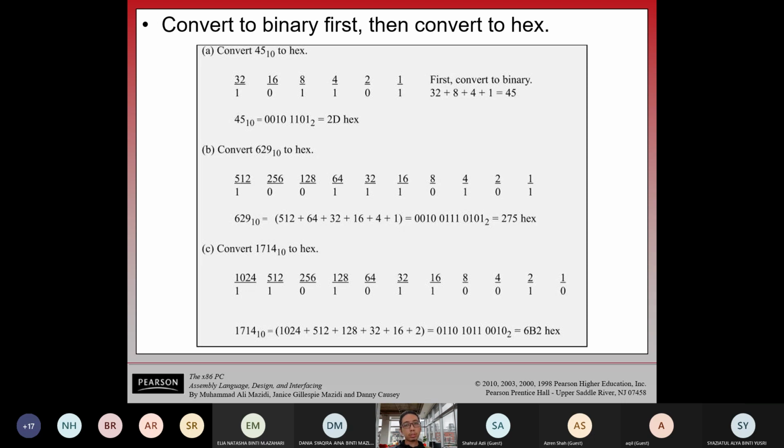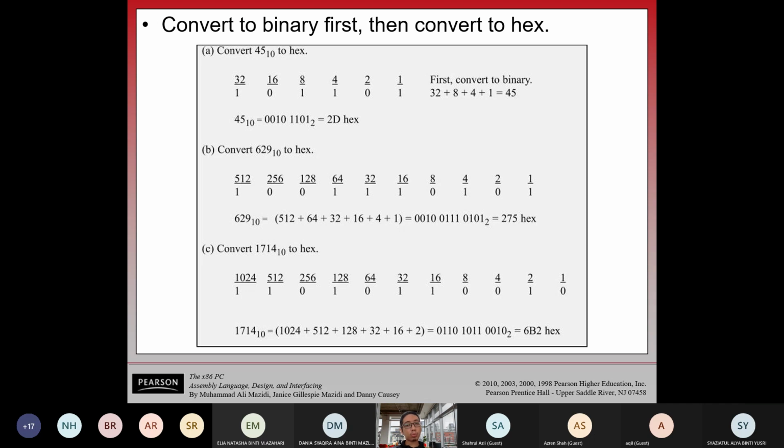If you do the conversion, 45 divided by 2, you obtain 22 with a remainder of 1. 22 divided by 2, you obtain remainder 0, and you get 11. 11 divided by 2, you get remainder 1, and then you have 5. 5 divided by 2, you still get remainder 1.